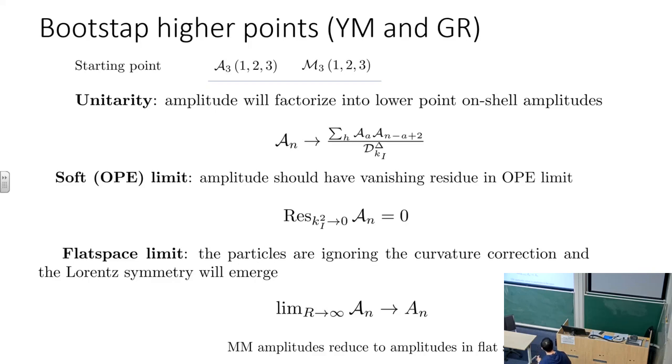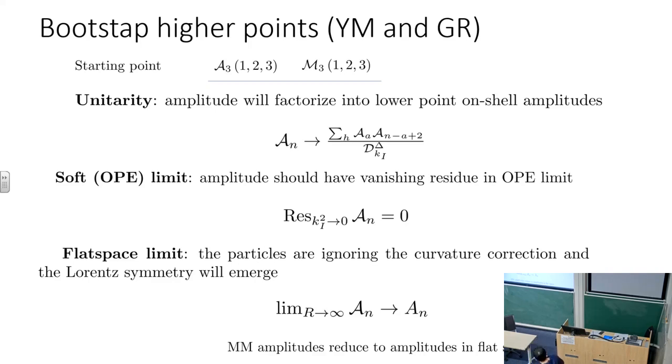And the third condition, as we just introduced, is that in the flat-space limit, our Mellin momentum amplitude must reduce to the flat-space amplitude that we know and love. And it will restore the Lorentz symmetry after ignoring the curvature corrections.